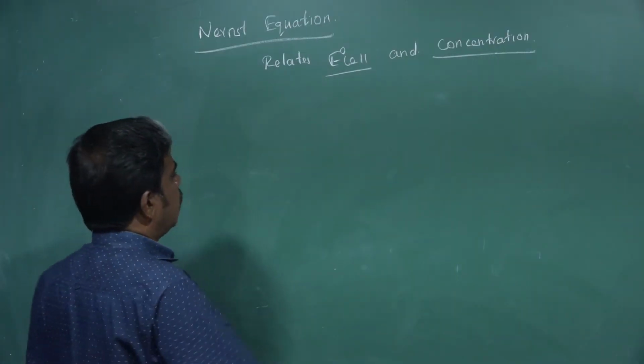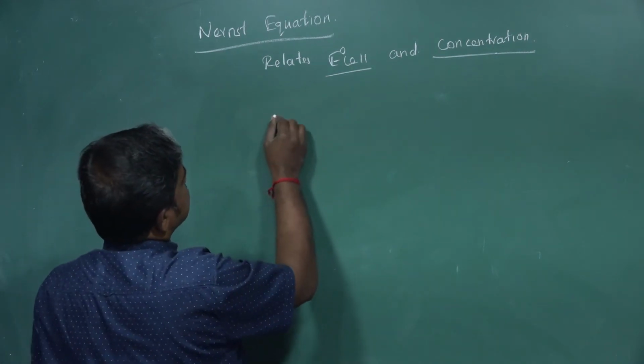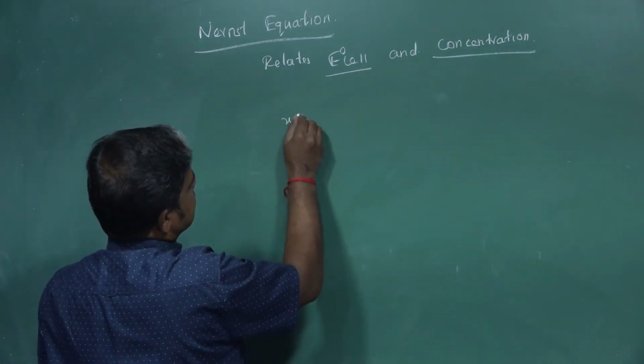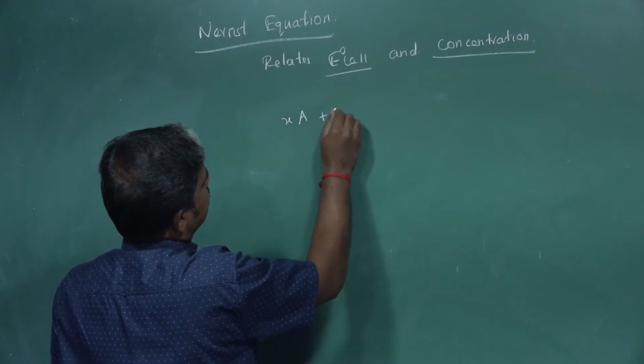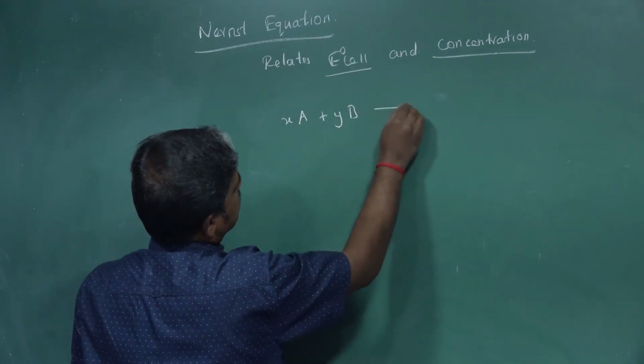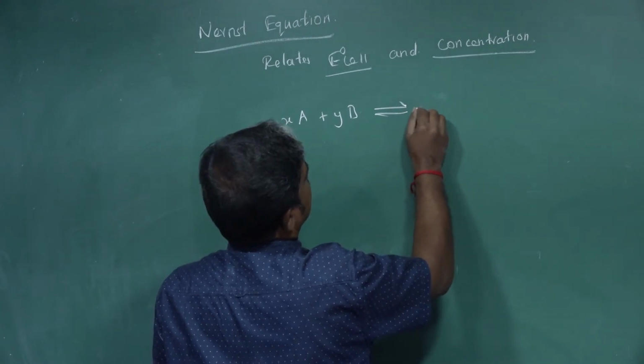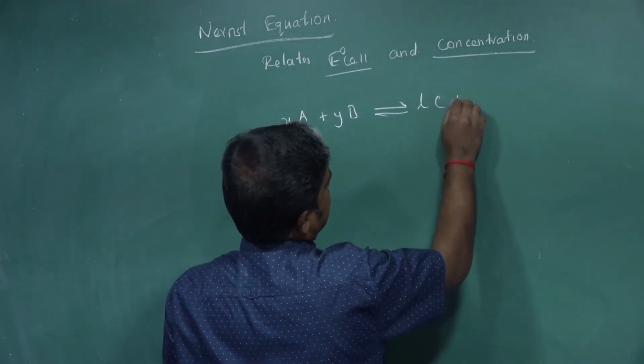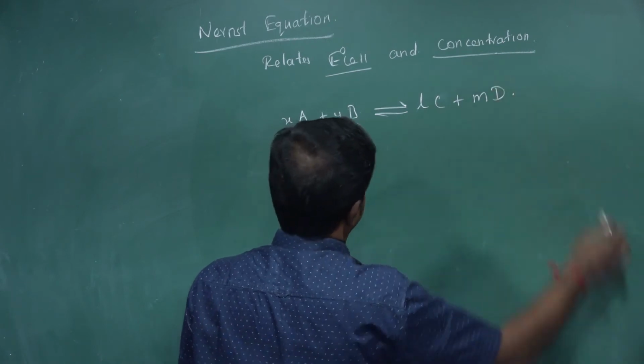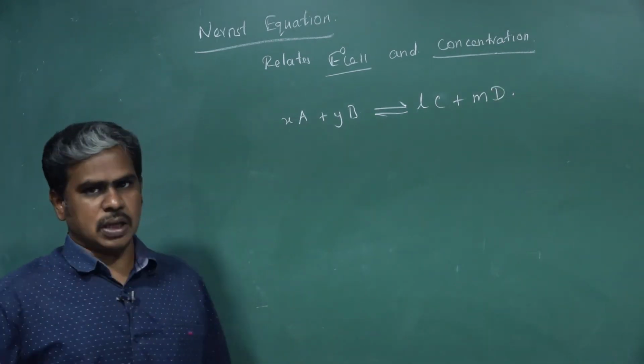Now we may take the galvanic cell. The reaction is xA and yB, which are in equilibrium with lC and mD. Now it is in equilibrium.